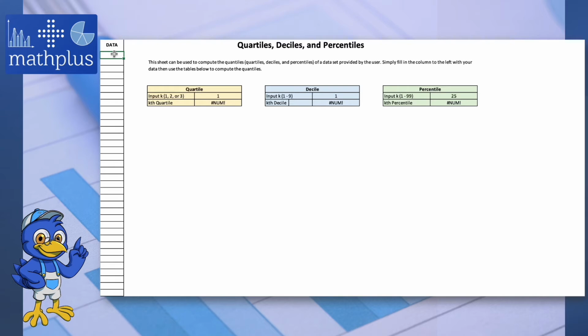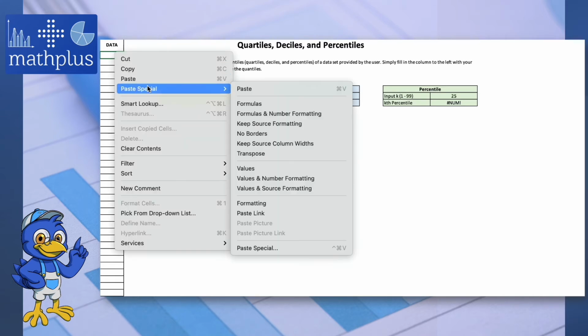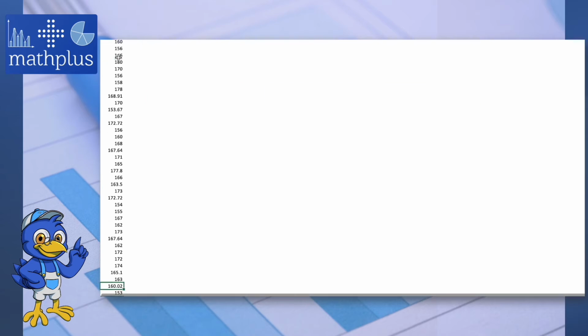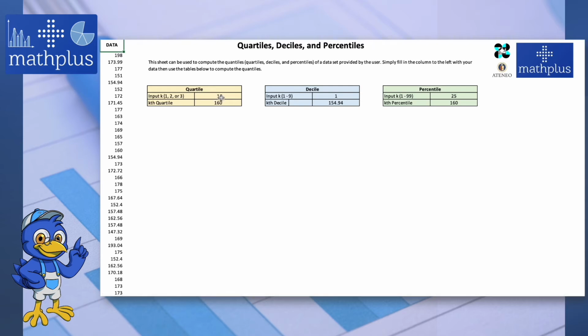What we'll do is right click and select Paste Special and Transpose. This will paste your data in a column format. Remember that in our original file, the data were in a row, but this time we wanted them to go into a column.